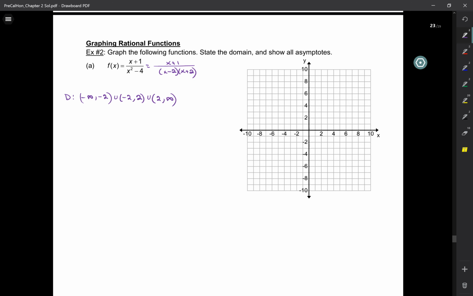Now, the vertical asymptotes are x equals plus or minus 2. So why don't we draw them here? At x equals 2, there is a vertical asymptote. At x equals -2, there is another vertical asymptote.